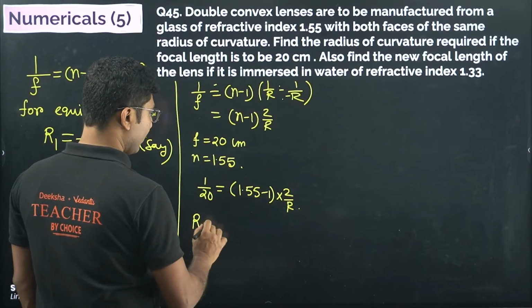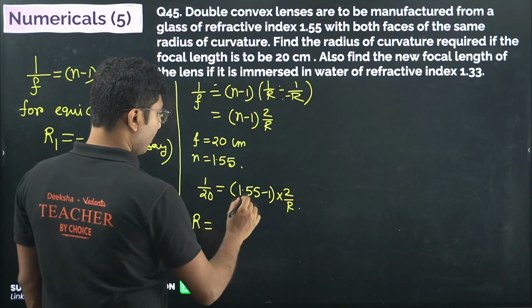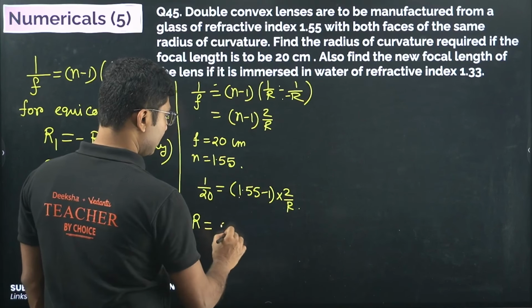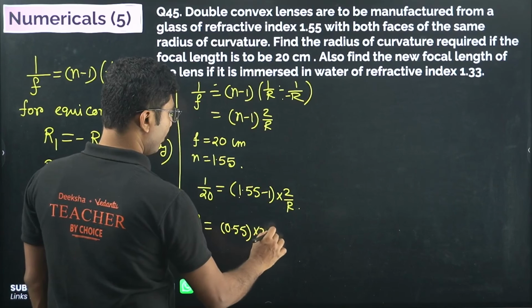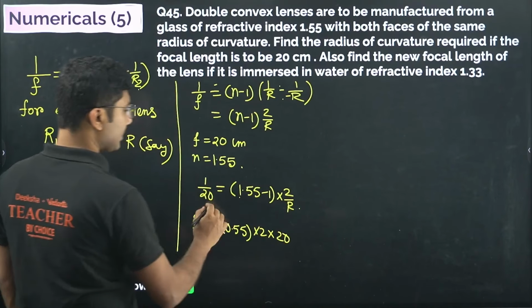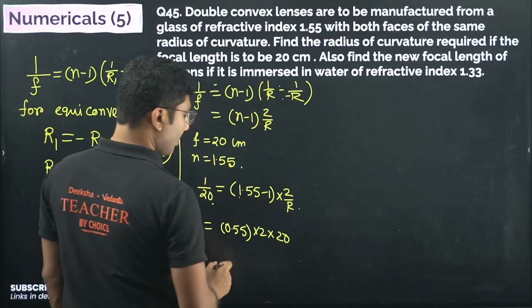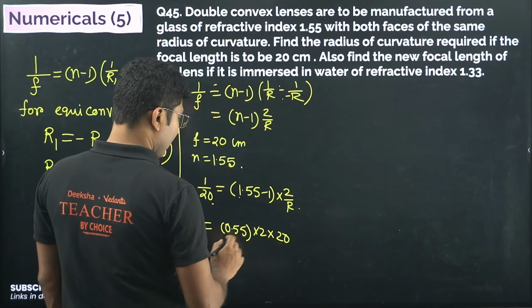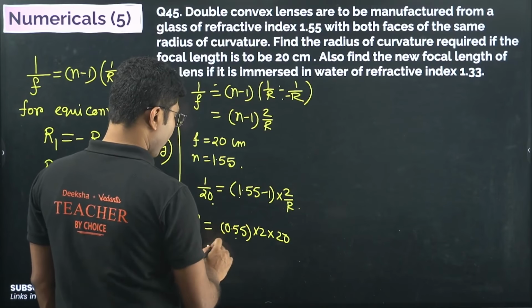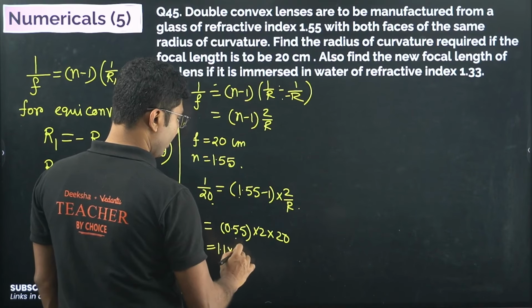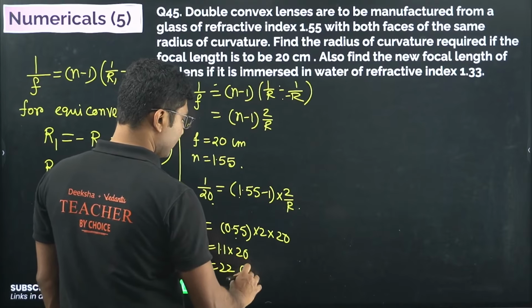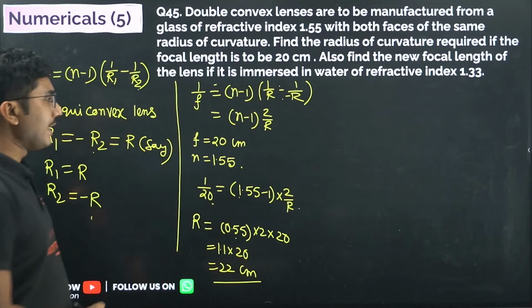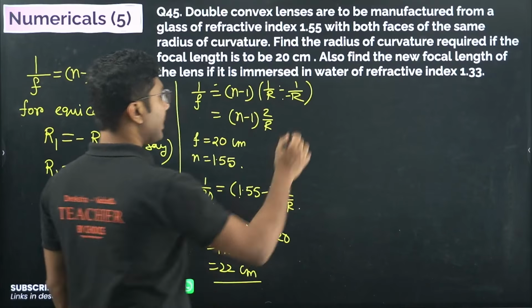So r equals 0.55 into 2 into 20. Just cross multiplication. So 0.55 into 2 is 1.1, so 1.1 into 20 will be 22 centimeter. So radius of curvature is 22 centimeter.